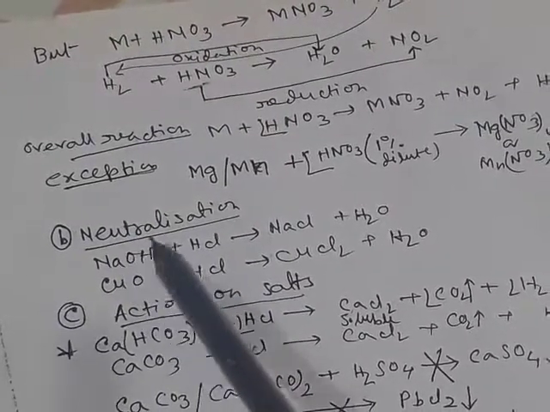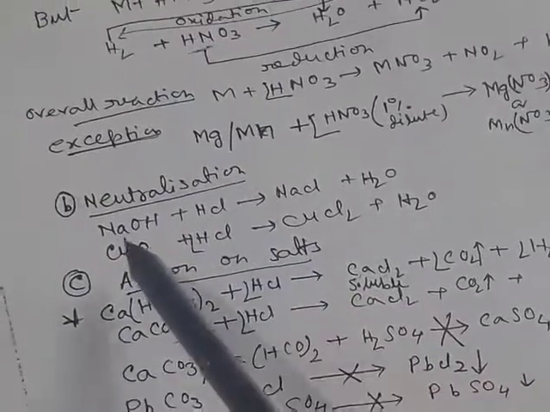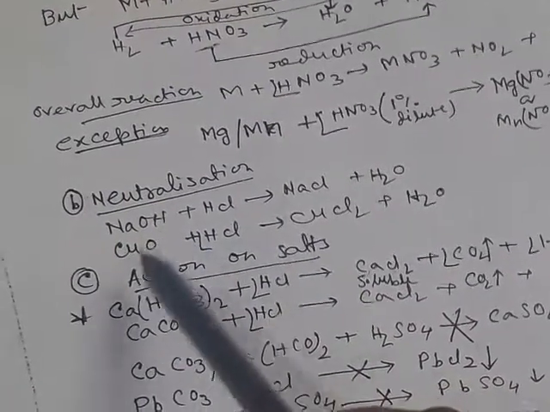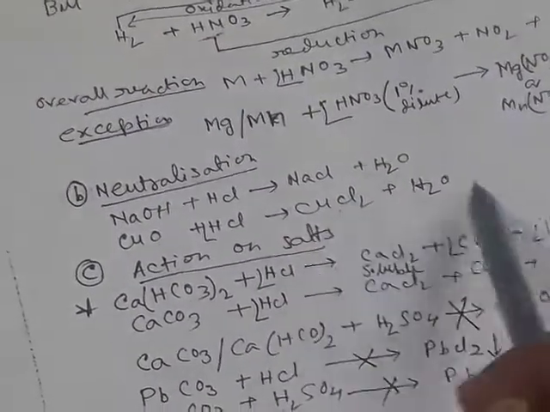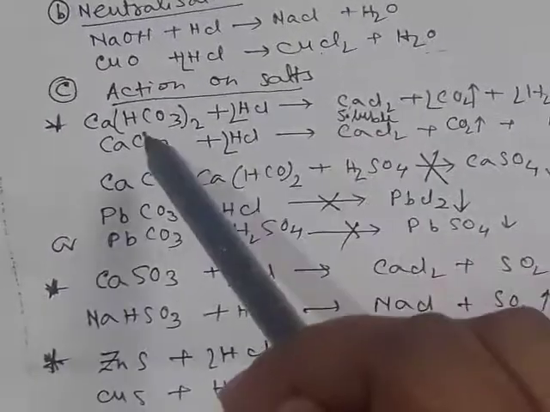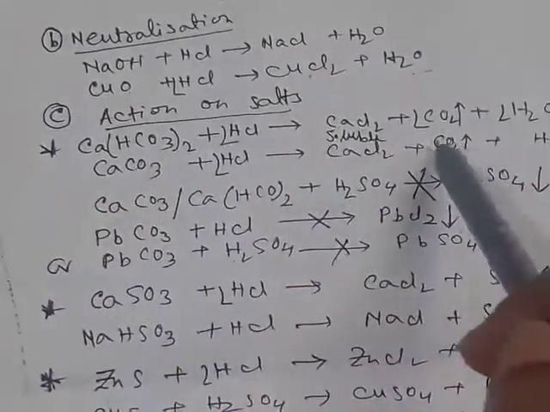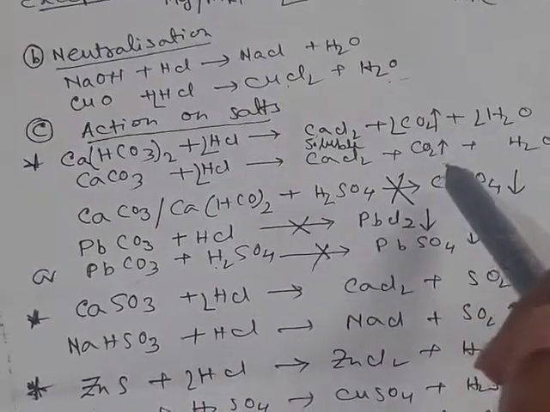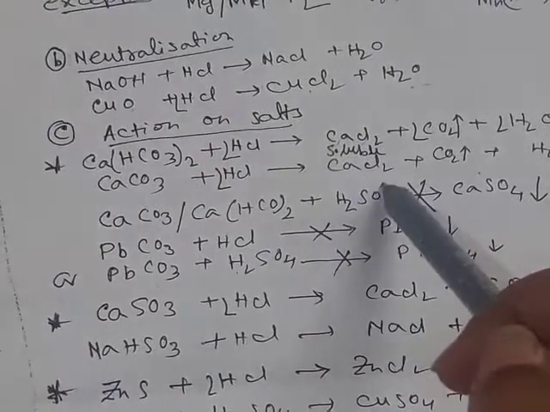Then the next is neutralization reaction. When acids react with bases, maybe hydroxide base, maybe oxide base, there will be formation of the salt and water. Action on salts. Acids, when they react with carbonate or bicarbonate, there will be evolution of carbon dioxide, and we get the corresponding chloride salt.